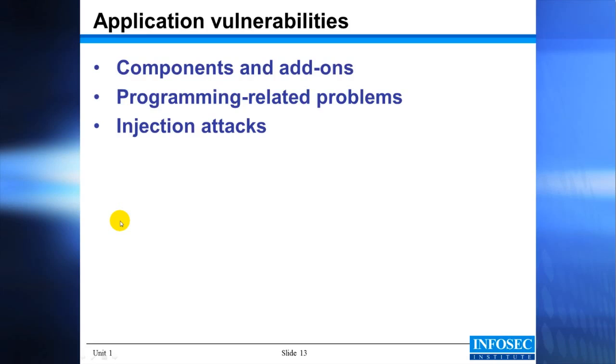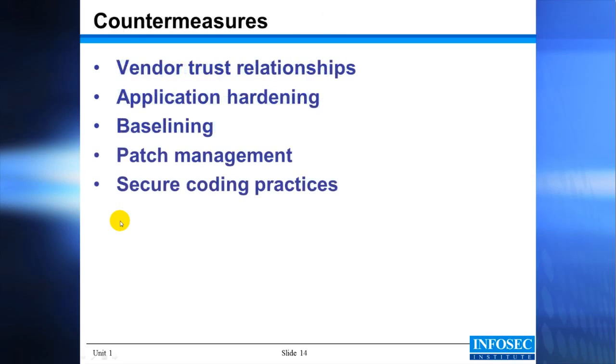SQL injection attacks is a very popular example, but essentially it involves issuing instructions to the target system, and these instructions cause the application to perform in some unauthorized manner. So injection attacks are malicious instructions issued by bad guys to exploit some vulnerability in an application, causing it to function improperly.